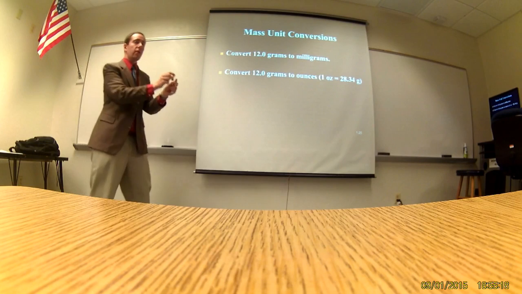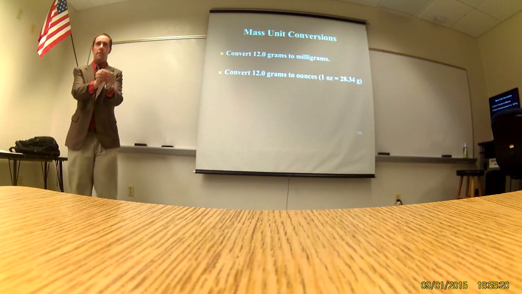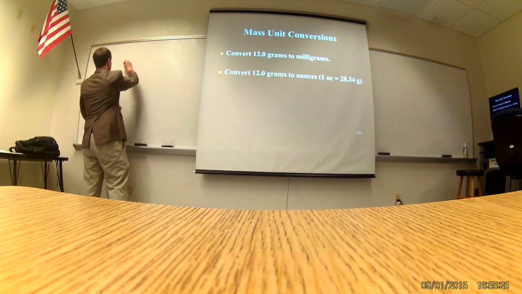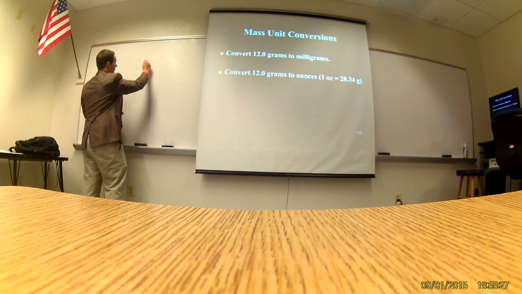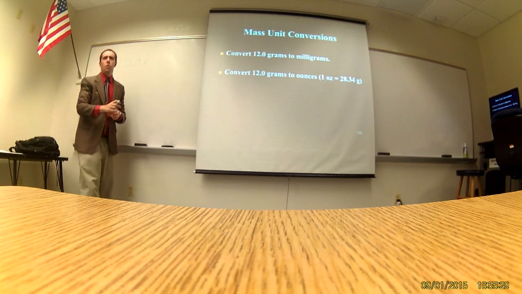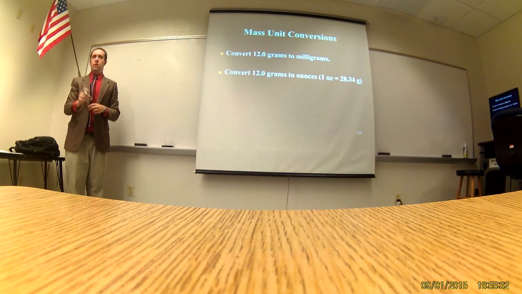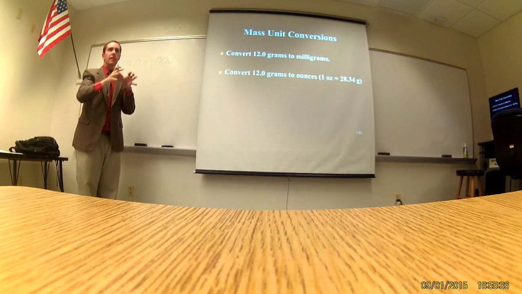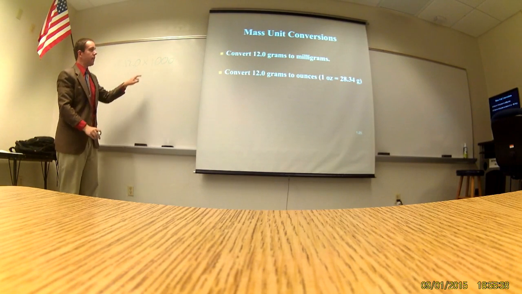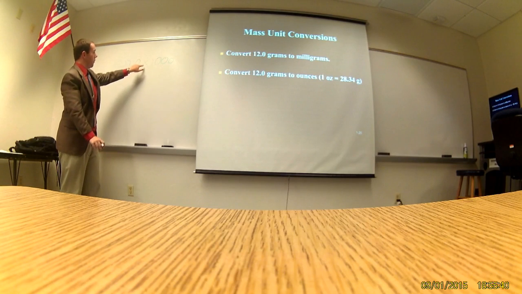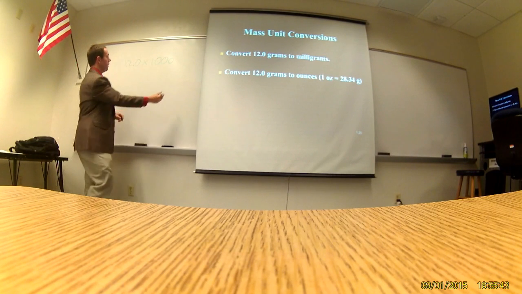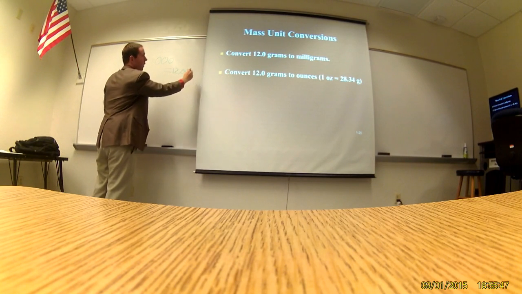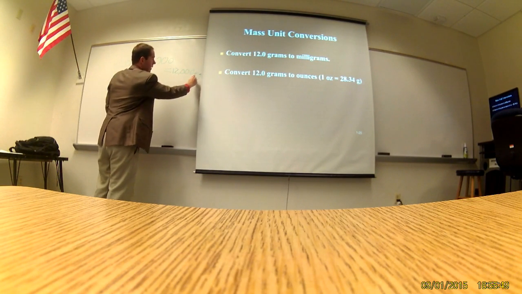Because a milligram is smaller, so we need more of them to equal what we're starting with. So we have 12.0 times what? 1,000. 1,000 is the number we're dealing with because it's milligrams. So we said we want our number to get bigger, so we're going to multiply by 1,000. So that is 12,000 milligrams.